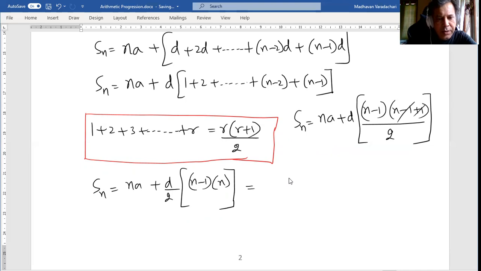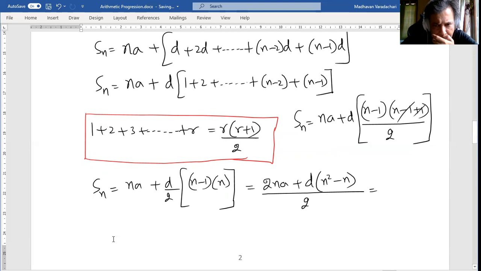Now if I consider this 2 as LCM, 2na plus, let me expand this, d times n square minus n. Instead of expanding it, I can retain it as it is, no need to confuse.